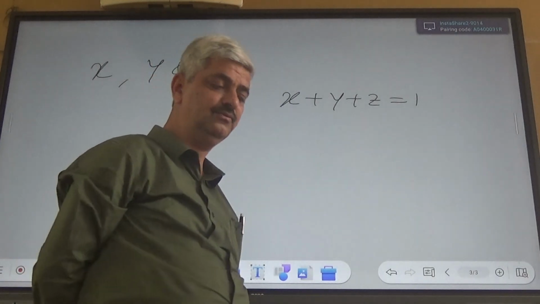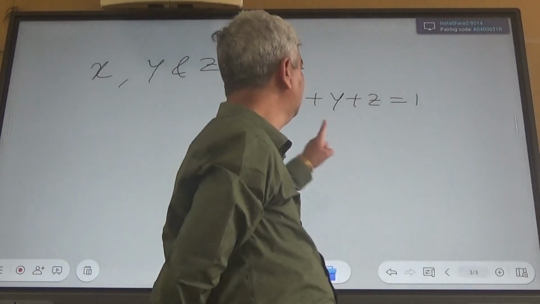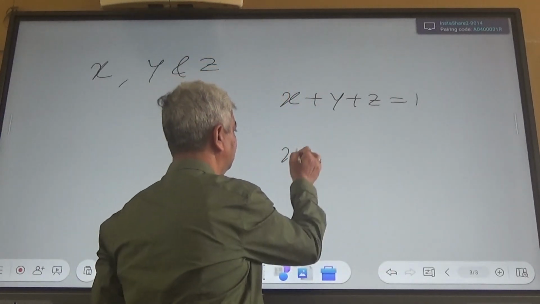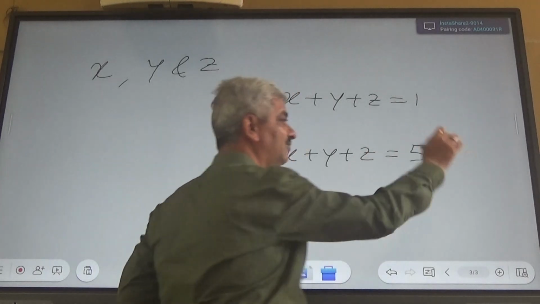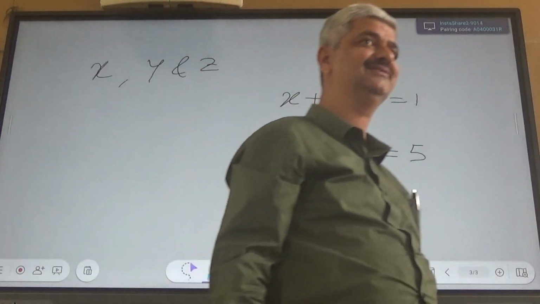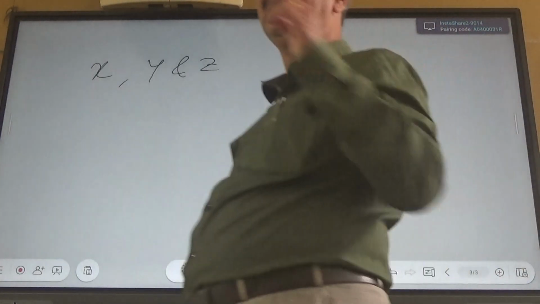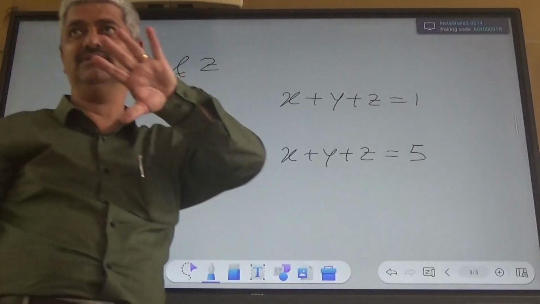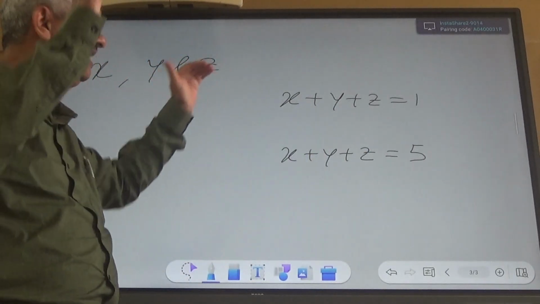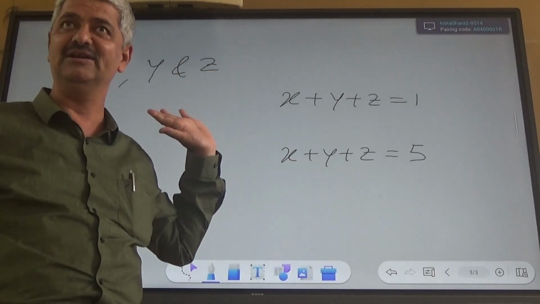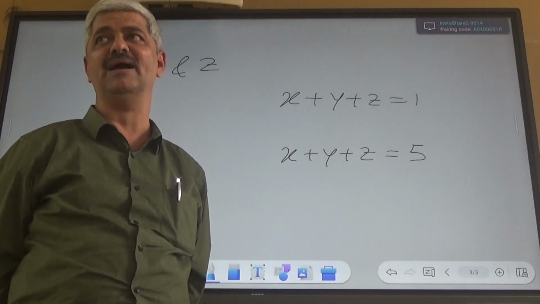If x plus y plus z equal to 5, what will it represent? It represents another plane. And now by common sense, rather than visualizing, we find that both can't be simultaneously satisfied. Are you getting me? So they represent parallel planes.